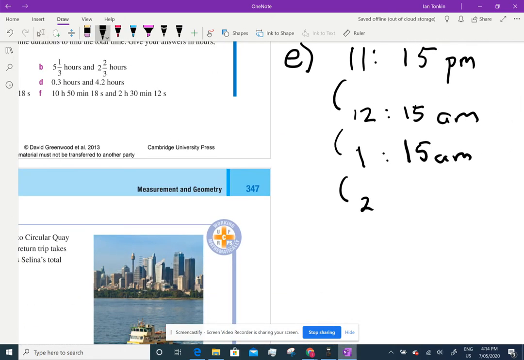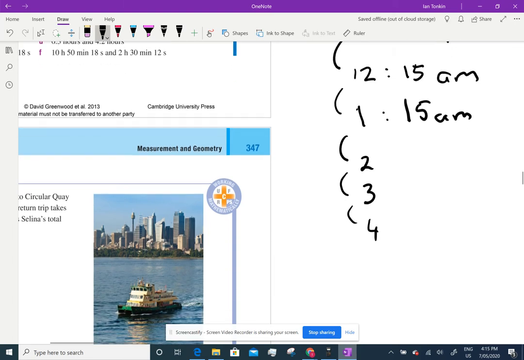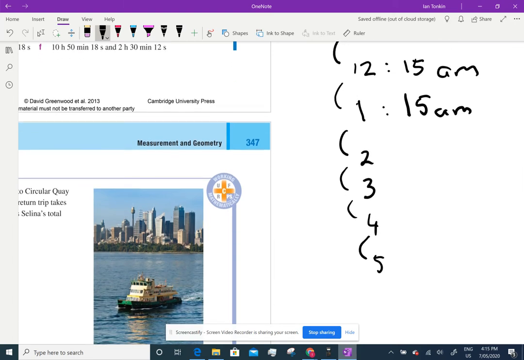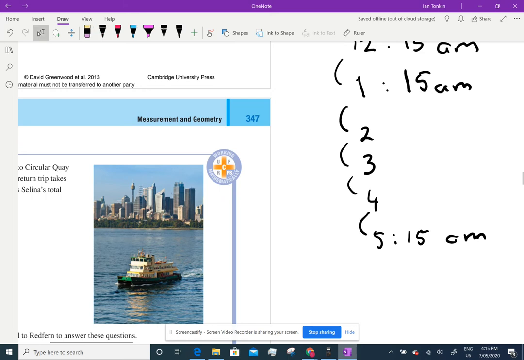So I've gone 1, 2, 3, 3:15 a.m., 4:15 a.m. So 1, 2, 3, 4, 5. I've got to go one more. 5:15 a.m. So there's my 6 hours. But I've got to go another 15 minutes. Oh, well, that'll give me 5:30 a.m.